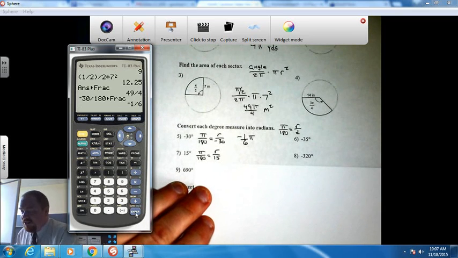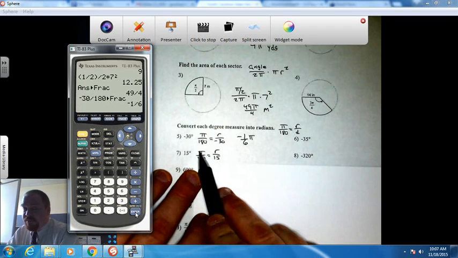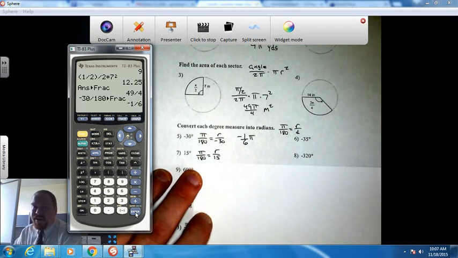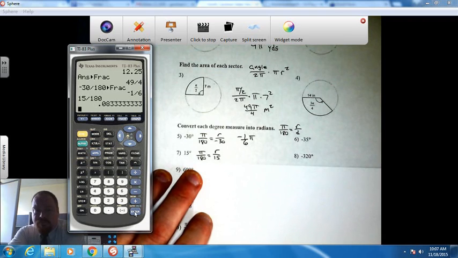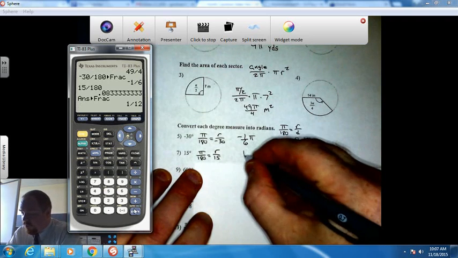In number 7, 15 goes in the d place, so 15 times pi, which I'm just going to keep along for the ride, then divide it by 180. Take that, convert it to a fraction. So it's 1/12.